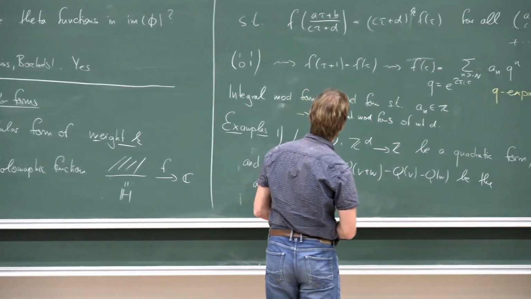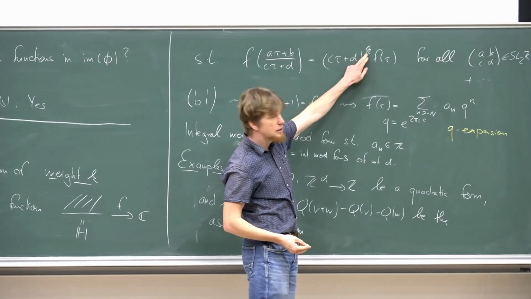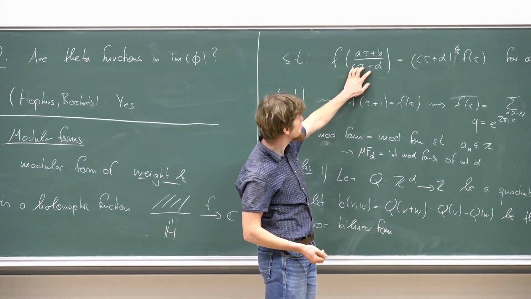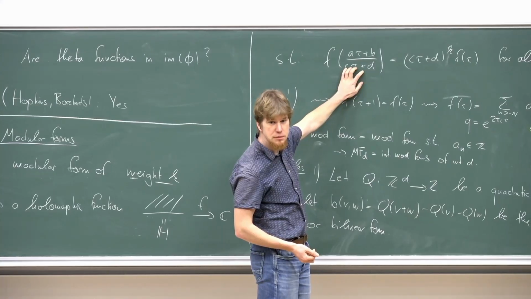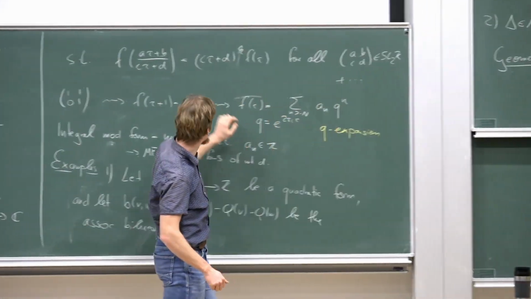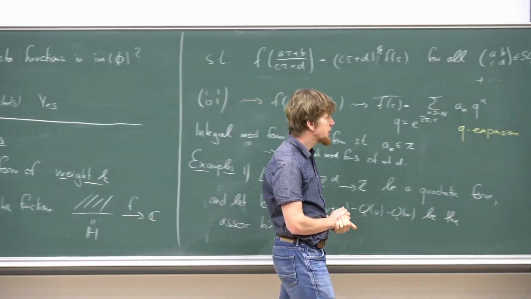So just suppose now that k is 0. If k is 0, these are just functions which are invariant under this action. Oh, there's the equivariance, we have a group action. So as SL2(Z) acts on the upper half plane by this thing, k = 0 is just functions which are invariant.